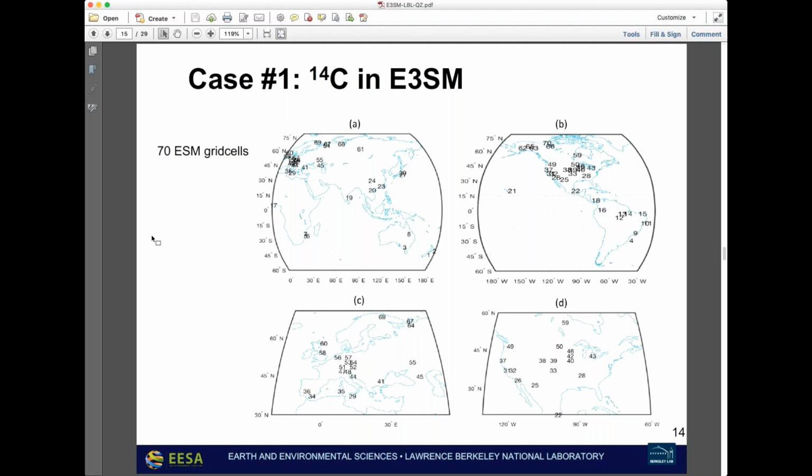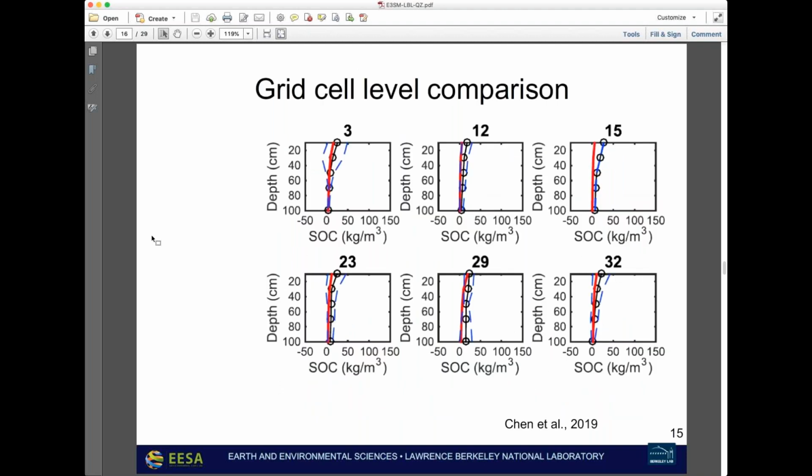And here is just the spatial distribution and the zoom-in for the European countries and also the U.S., North American countries. Those profiles mainly concentrate over those regions. And here is the 12C carbon density down to 1 meter.